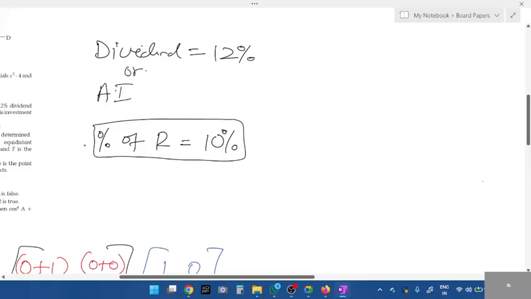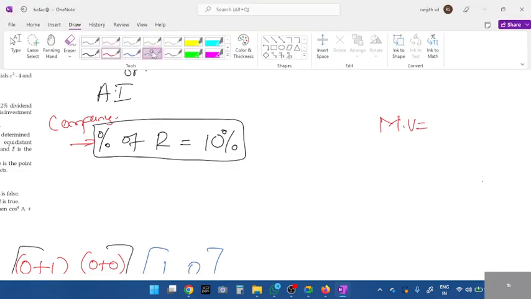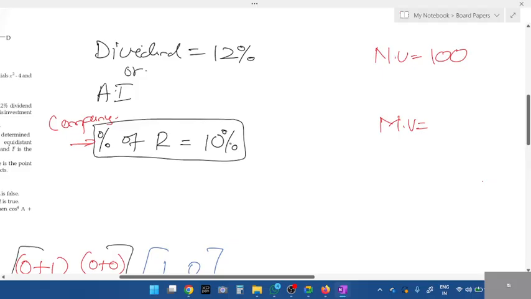Look here. Rate of return is always promised by the company side. So they tell 10%. Now nominal value is equal to 100, students. If nominal value is 100, how much is 10% of 100? How do you calculate 10% of 100?